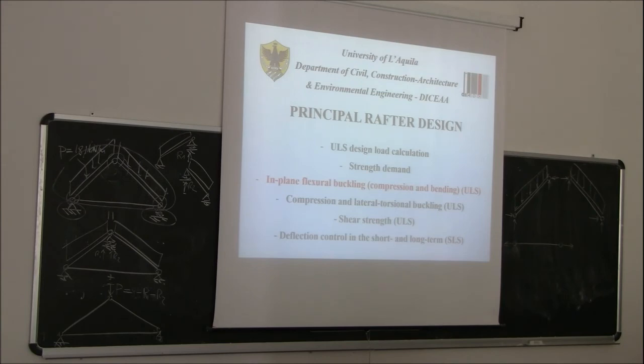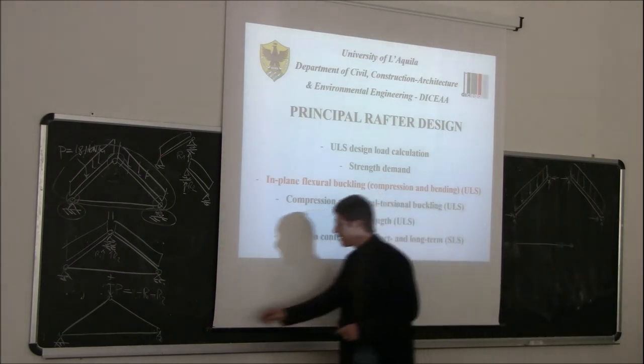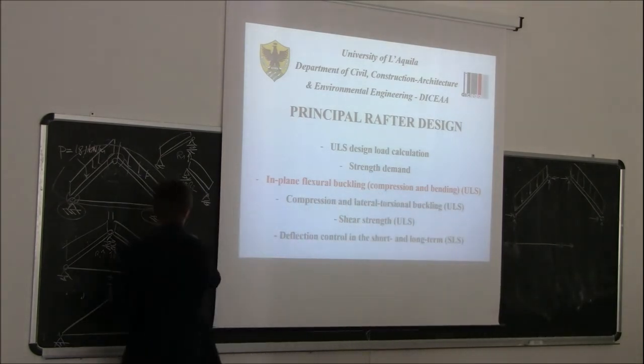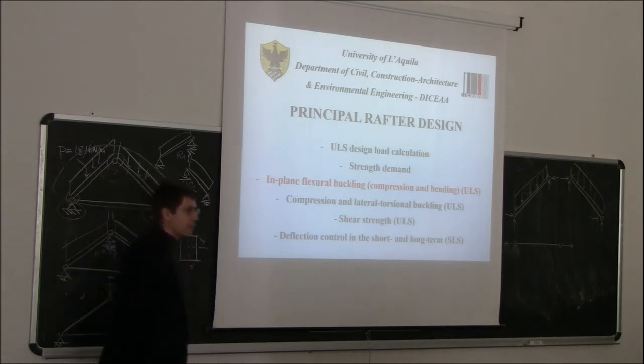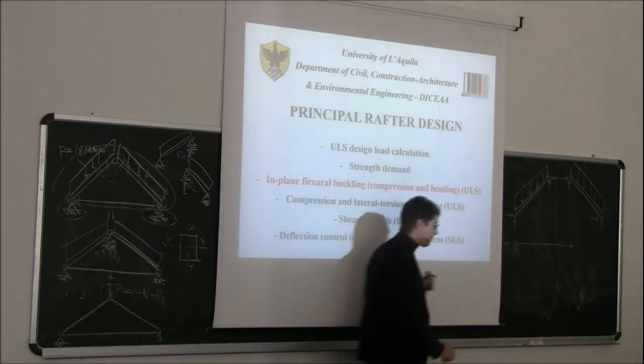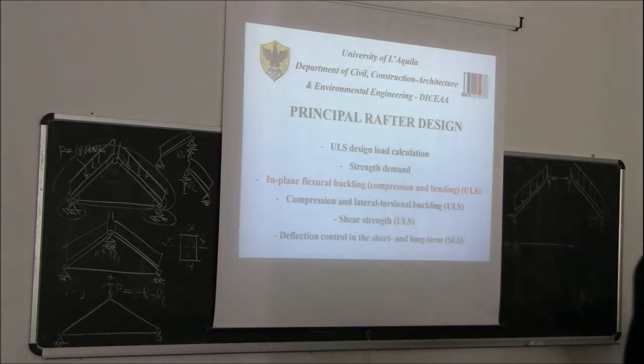Okay, now we start with the verification. We said first in-plane flexural buckling. What does in-plane flexural buckling mean? It means that what we are going to check now is buckling. So if this is our cross section, this is Y, and this is Z. Which kind of buckling are we going to check when we talk about in-plane flexural buckling?